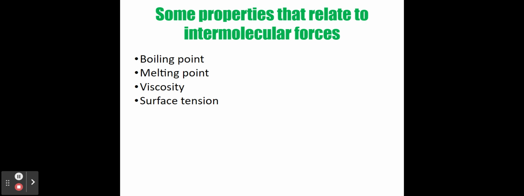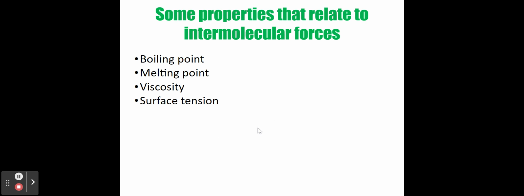Surface tension is a measure of the energy it takes to separate your molecules at the surface of a substance. So if the molecules at the surface of a substance are attracted strongly to each other, then it's going to be harder to break them apart. It's going to take more energy to overcome those attractive forces at the surface of your water.